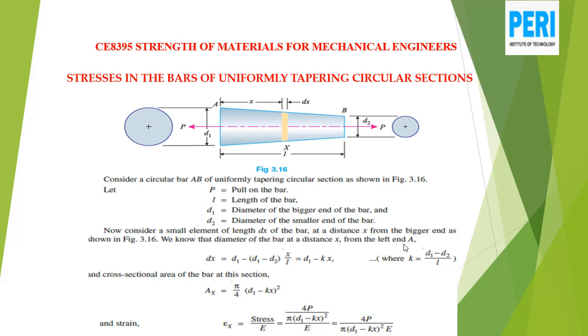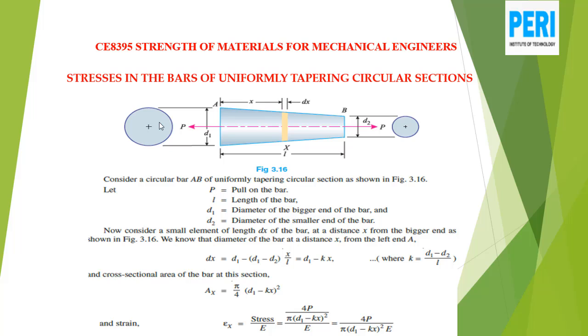Then the second derivation: stresses in a bar of uniformly tapering circular section. In this case, this is the tapered circular part. This diameter is D1, this diameter is D2. This is a uniformly tapering cross-section. Consider a circular bar AB of uniformly tapering circular section as shown in the figure.